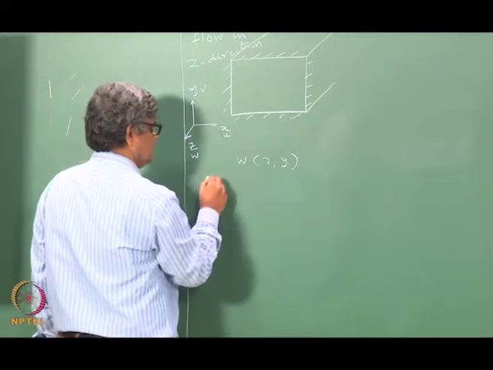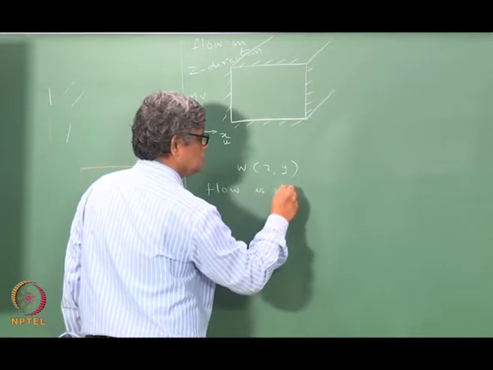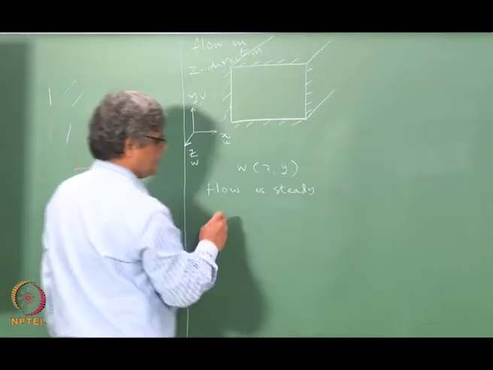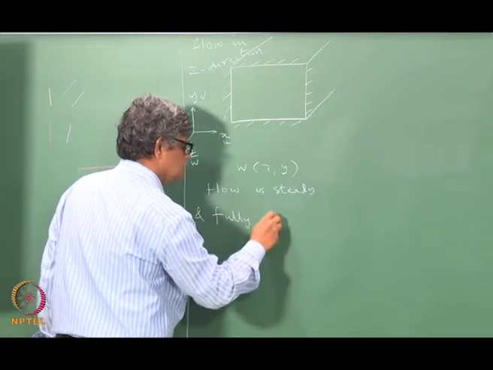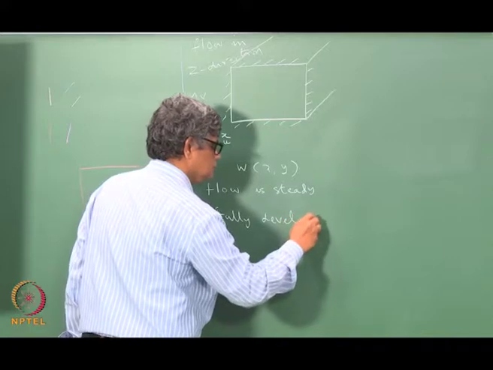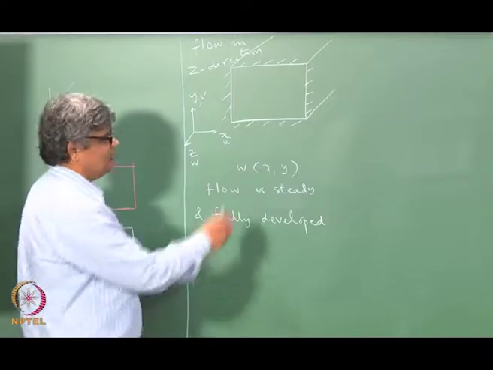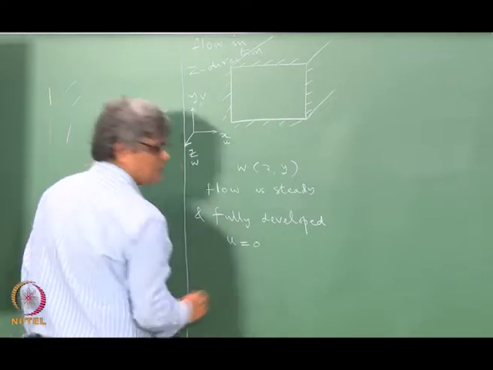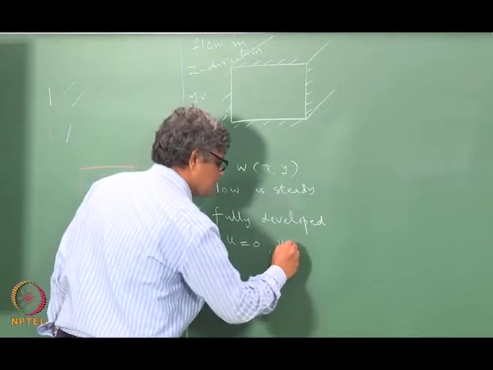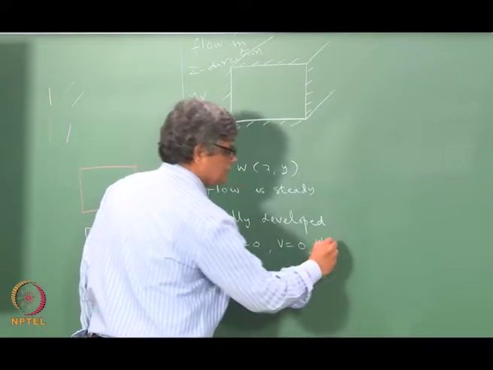Given the flow is steady and fully developed. So, when we say fully developed, steady, laminar in this kind of flow, we can say that the velocity component u is 0 everywhere and the velocity component v is 0 everywhere, and only the w component is non-zero.